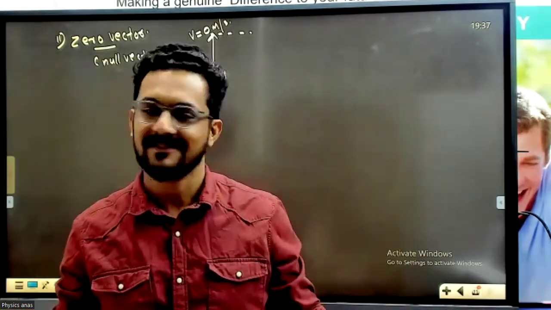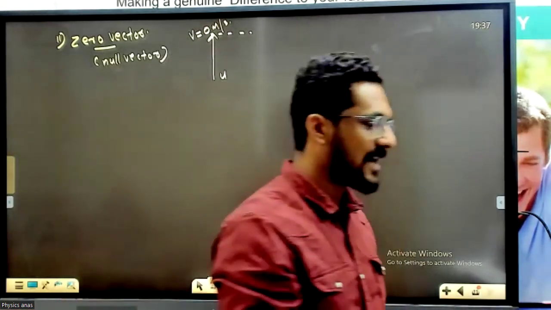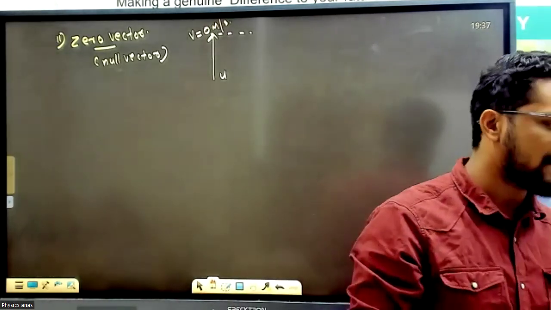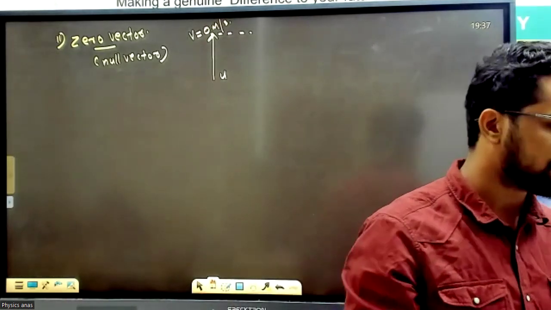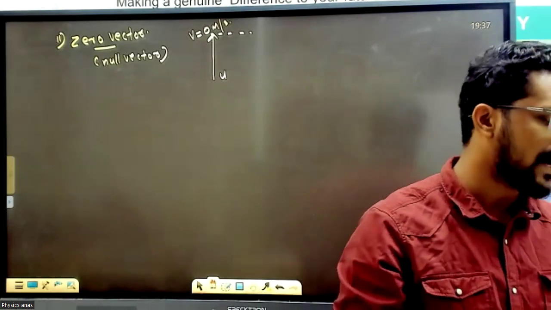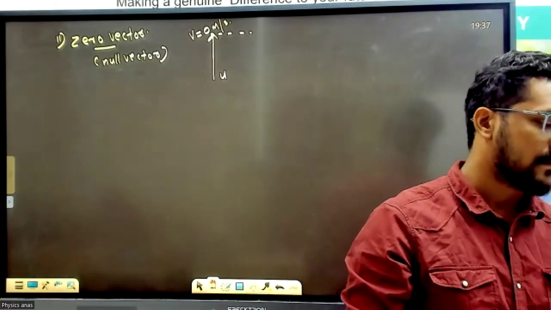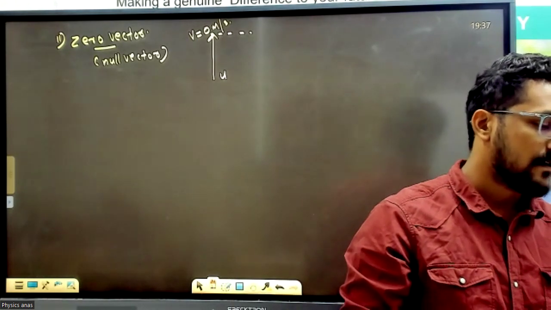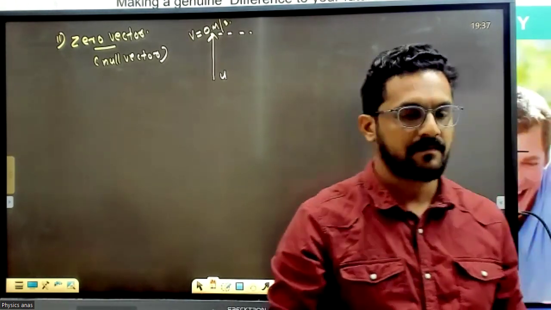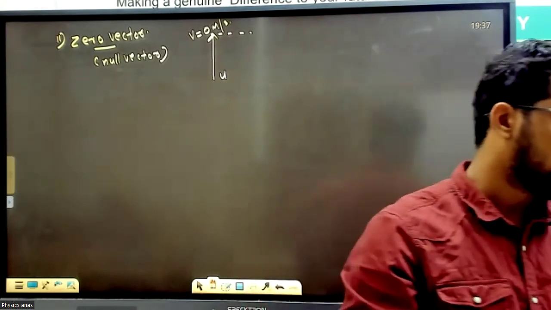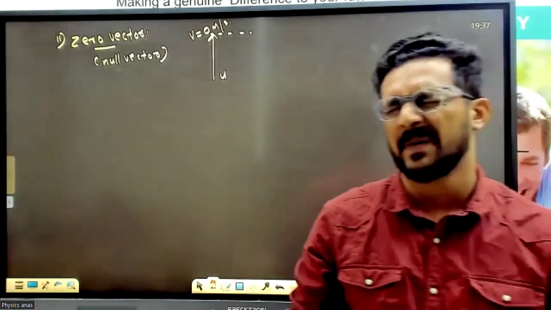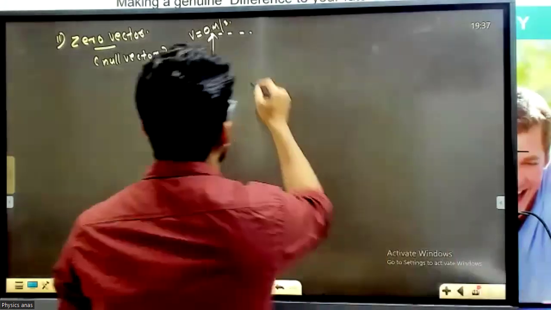That's the zero vector. So you can write it: vector having zero magnitude and a random direction, or an arbitrary direction.